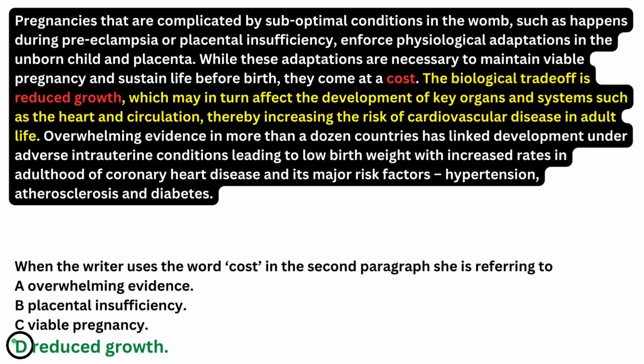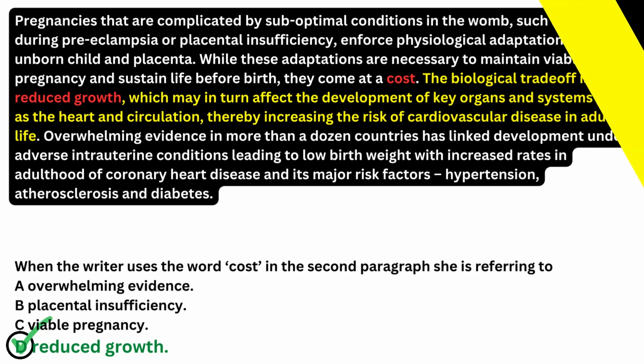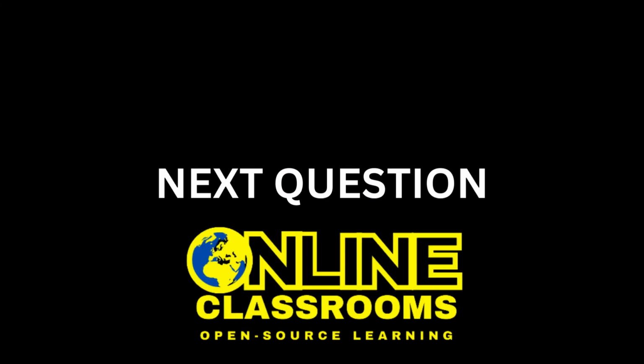In the next sentence, the writer talks about the cost, that is, the biological trade-off is reduced growth, which may in turn affect the development of key organs and systems such as the heart and circulation, thereby increasing the risk of cardiovascular disease in adult life. Therefore, option D, reduced growth, is the correct answer. Let's look at the next question.